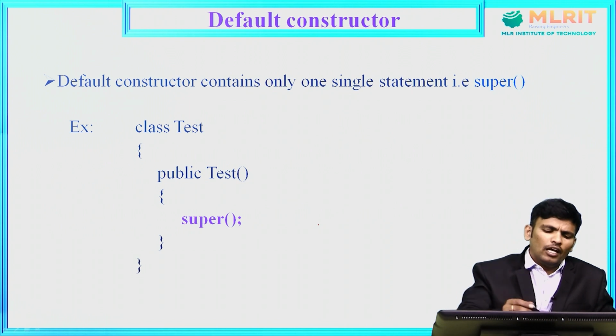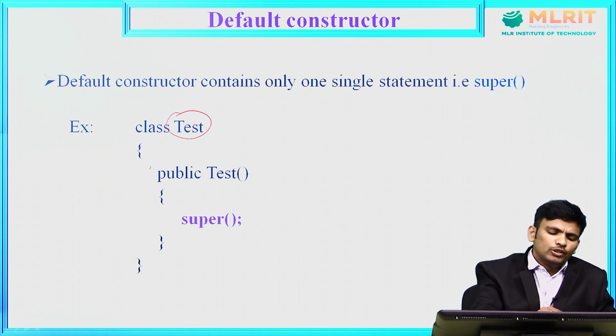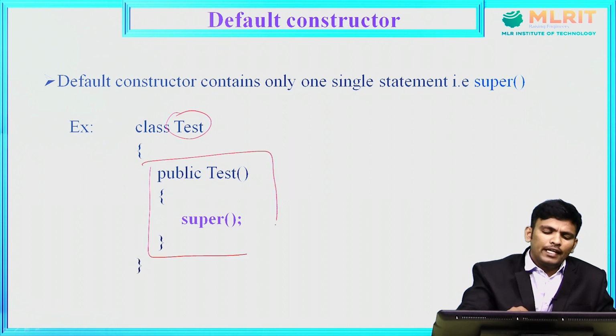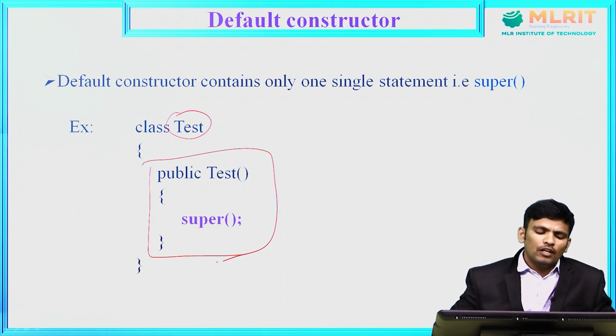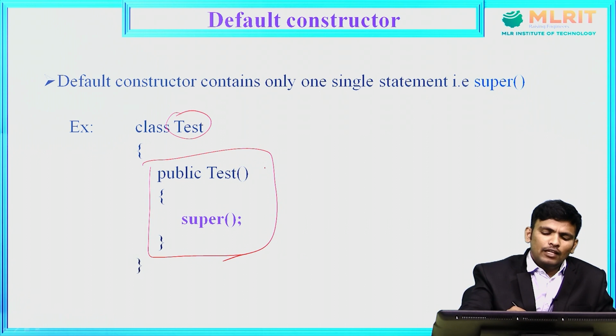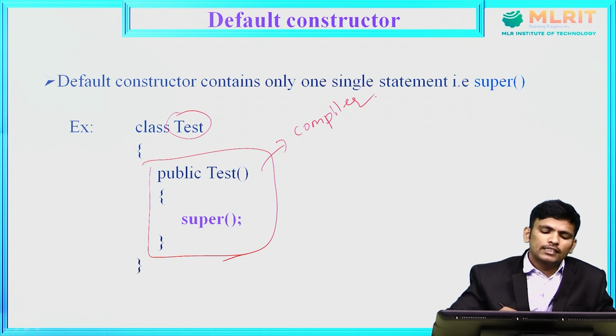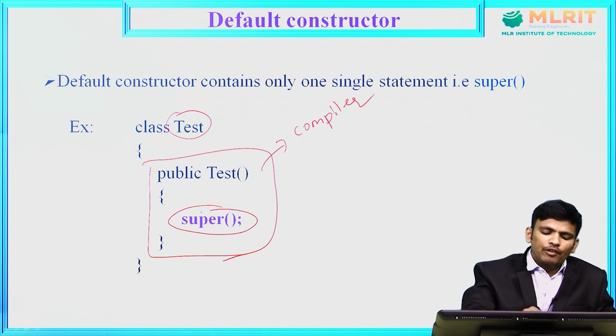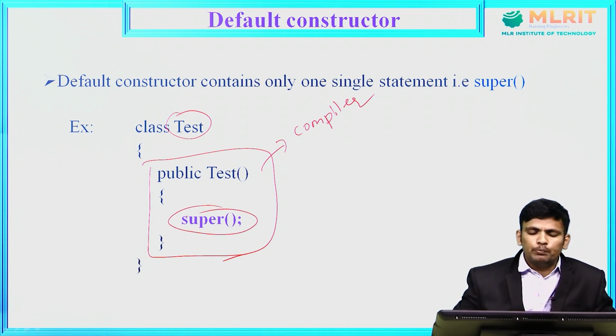Suppose we take an example. Assume I have a class named Test, and you have not defined any constructor in your program. Now what will happen? This part will be invisible and will be added by the compiler. It is a default constructor, and the default constructor has only one statement, that is the super method.